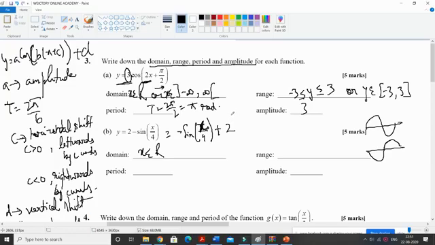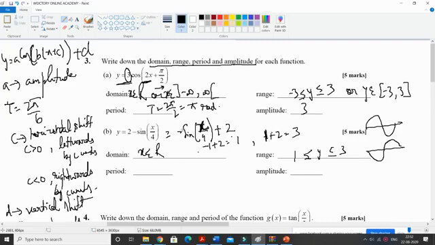Here, as we are adding 2, the range will become: the lowest value of minus sin(x over 4) is -1, so -1 plus 2 gives you 1, and the highest value is 1, plus 2 is 3. So 1 to 3 is your range.